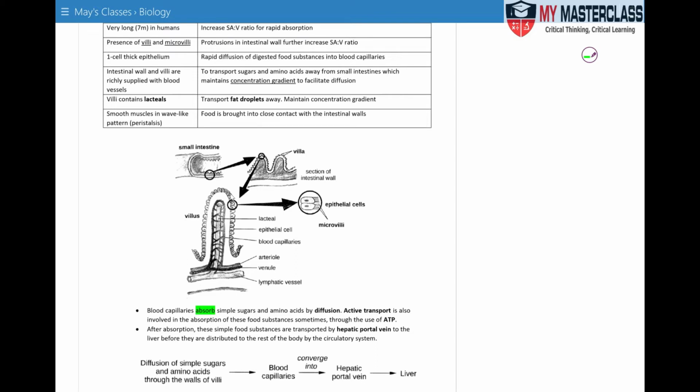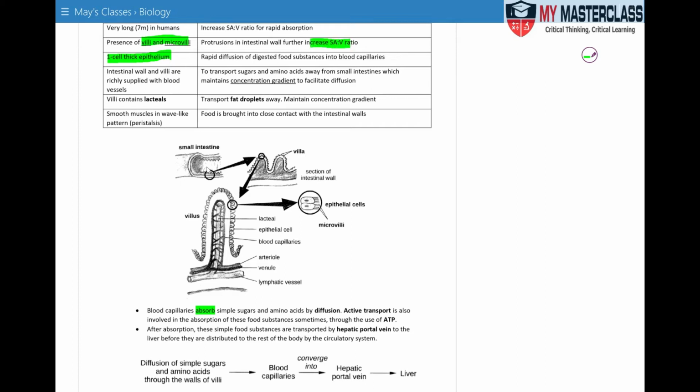Okay, so another thing that you can see about these epithelial cells is that they are only one cell thick. Because they are only one cell thick, that will increase the diffusion rate of the substances. The villi and the microvilli, these little protrusions, will increase the surface area to volume ratio.